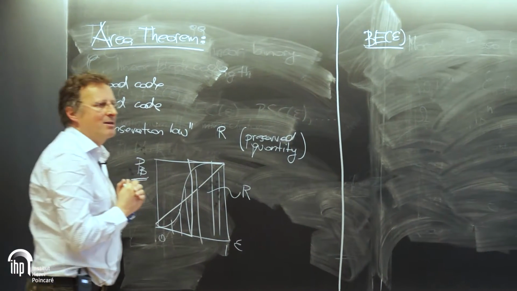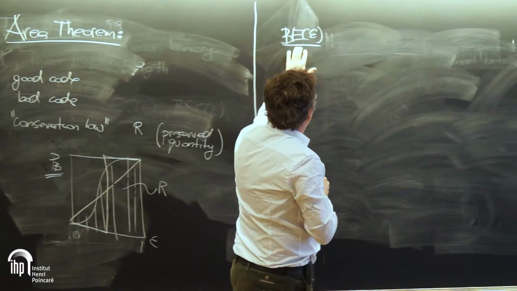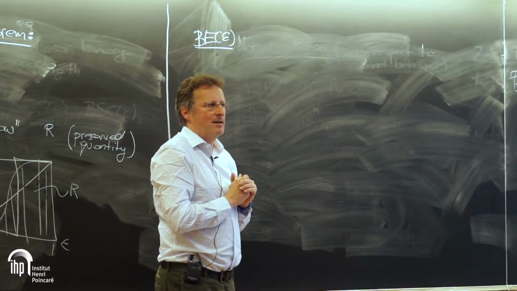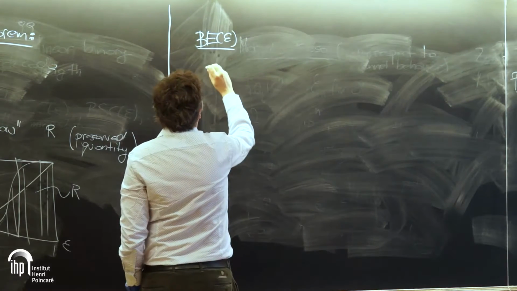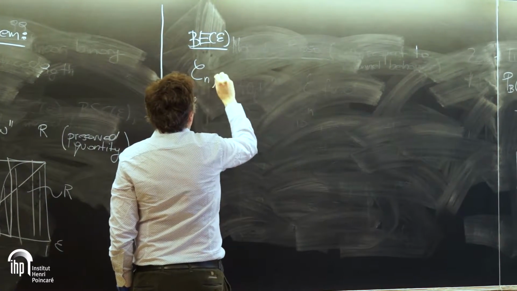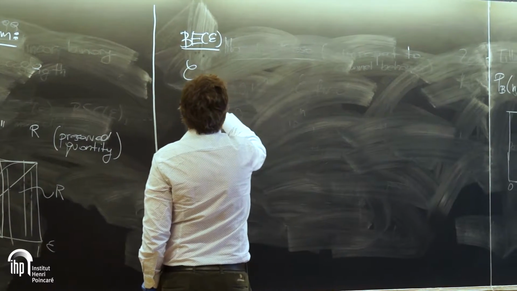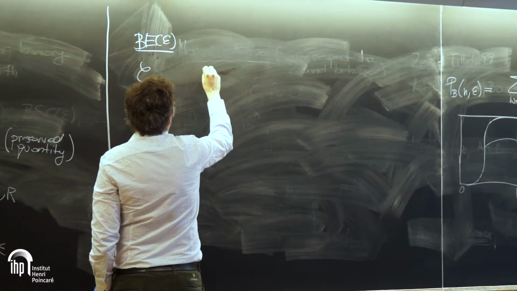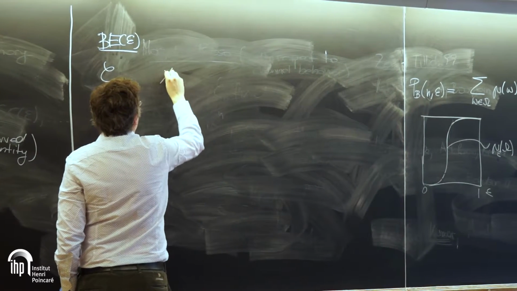But it will again be a very natural quantity, in particular for the binary erasure channel. So in general, the setup is, again, I have C_n, the binary erasure channel, and n is the block length. There's a very natural estimator.